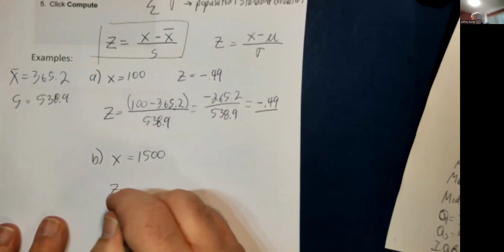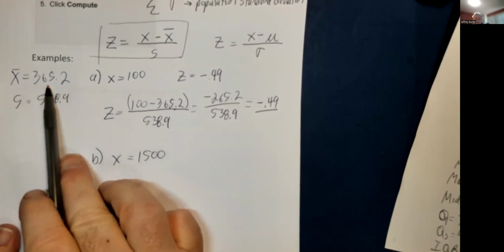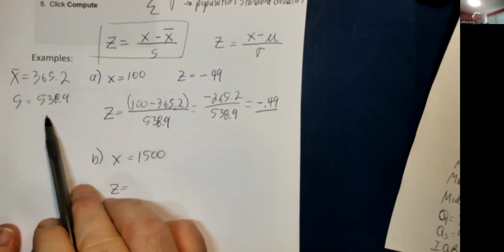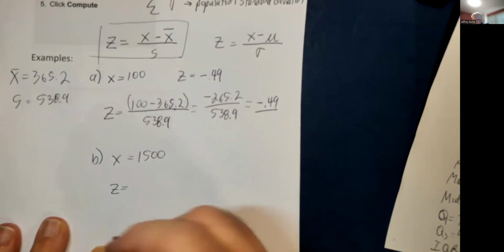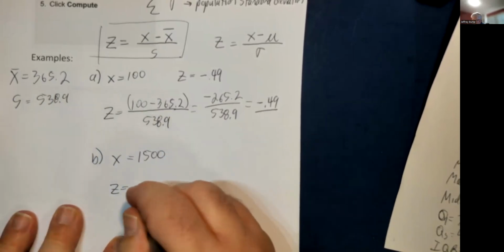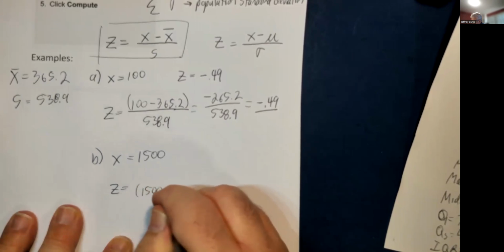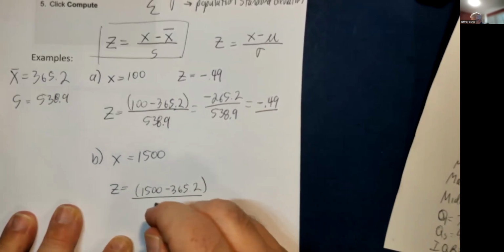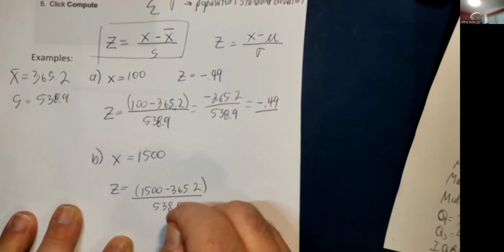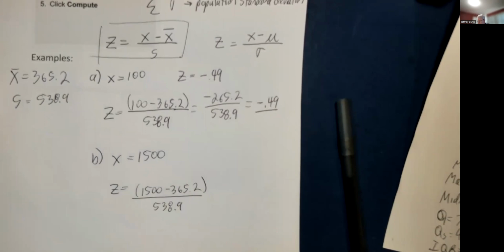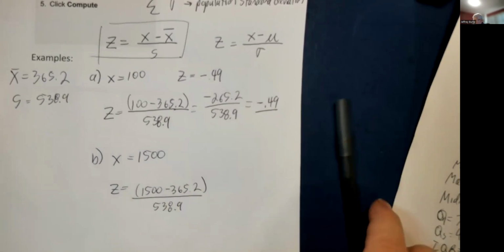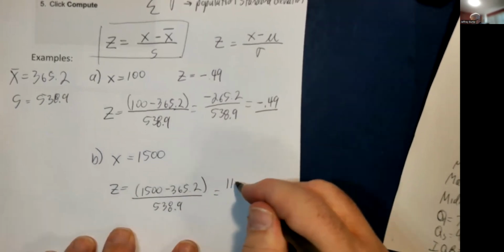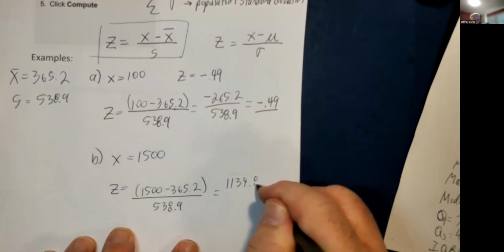So let's go ahead and put this into our formula now. Bearing in mind, our sample mean is 365.2 and our standard deviation is 538.9. So now for this, we're going to have 1500 minus 365.2, and then divide that by 538.9. On top, that's going to work out to be 1134.8.